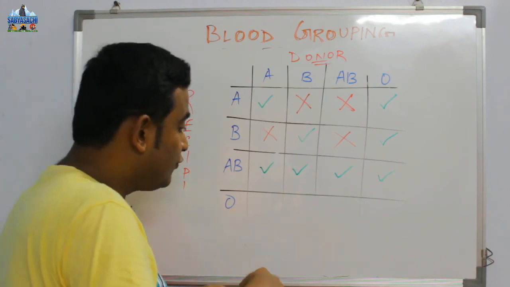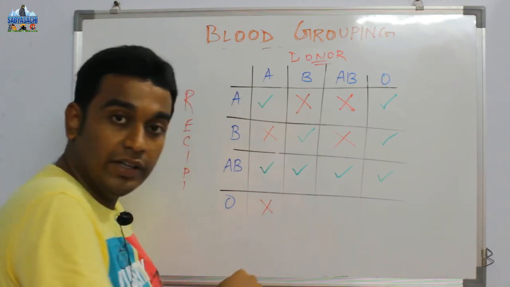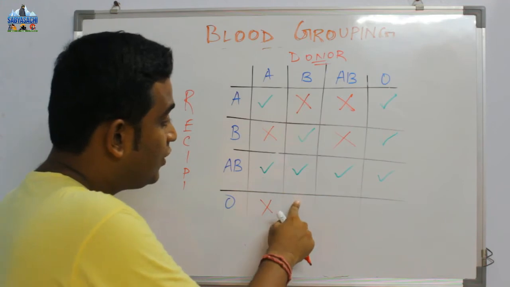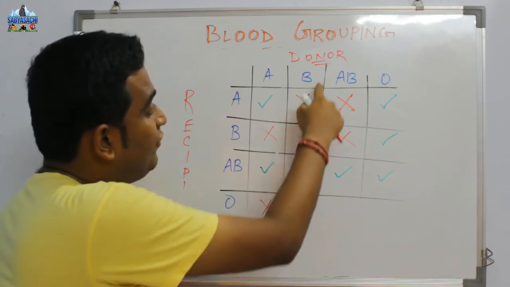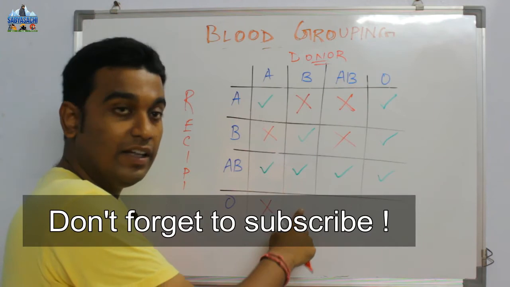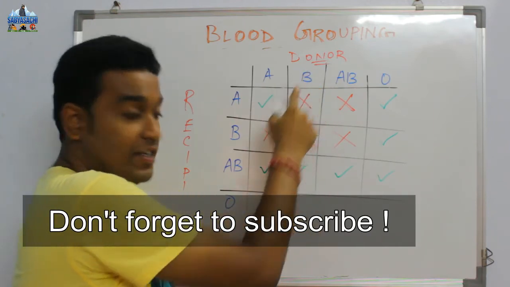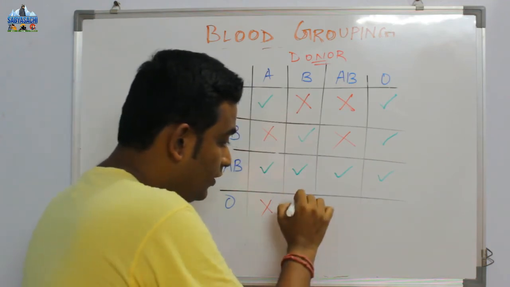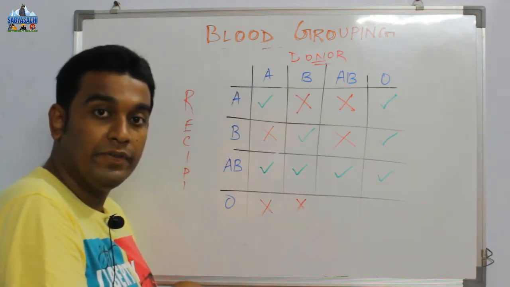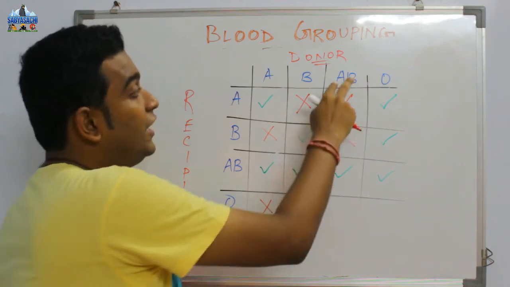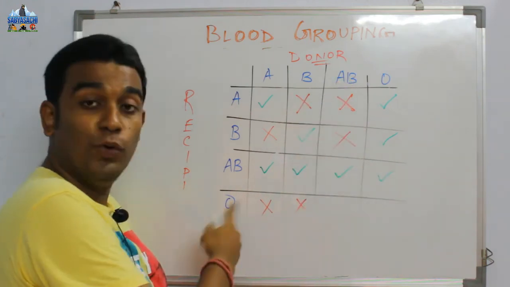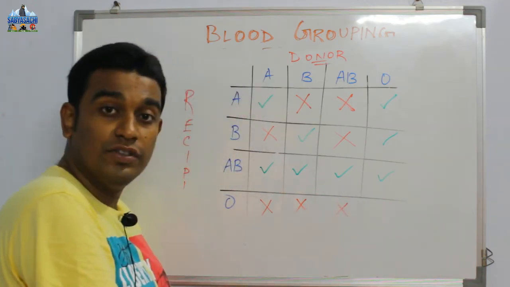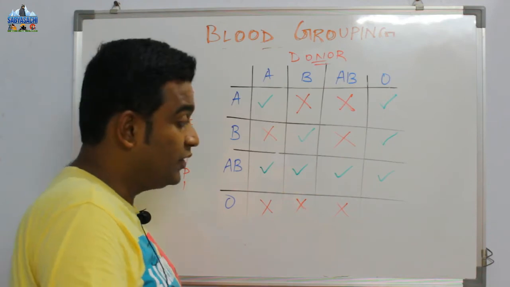So transfusion is not possible here, right? You come here now. If it is B, again the same thing, against the B antigen you are having anti-B antibody, so again it is not possible, right? AB, both antigens, so both antibodies, a big no, no transfusion, it's not possible at all, it's impossible.